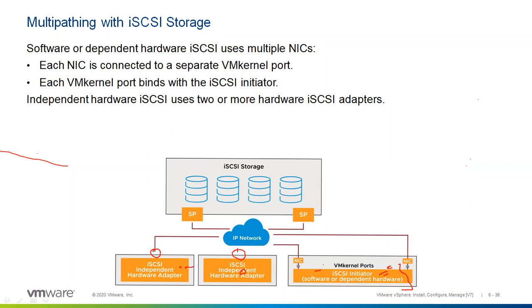But here we have to configure the iSCSI software adapter, map it with the network interface card, then assign an IP address to the VM kernel port. All these three things together equal a single iSCSI HBA, which has everything built in. But here, it's a VM kernel port, an iSCSI adapter, then my simple network interface card.